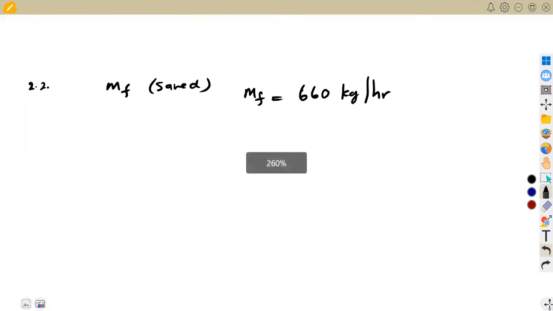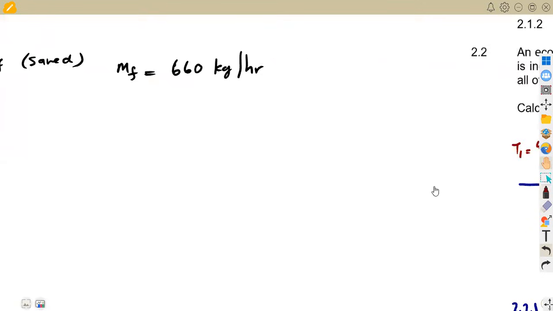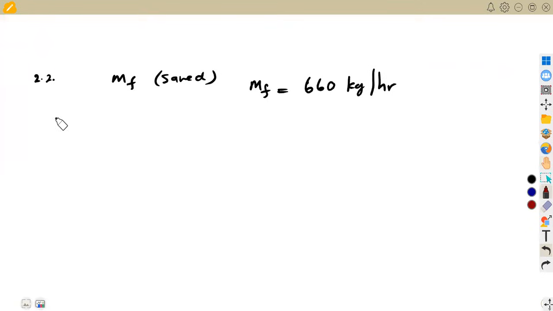And now we are considering a condition that the temperature is going to change. We consider T1, at the input of the economizer, to be 40.3 plus 28.8, which is going to give us 69.1 degrees Celsius. So we now have the temperature at the inlet of the economizer as 69.1 degrees Celsius.